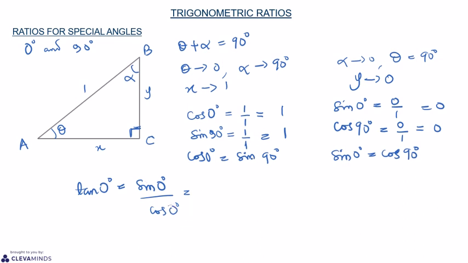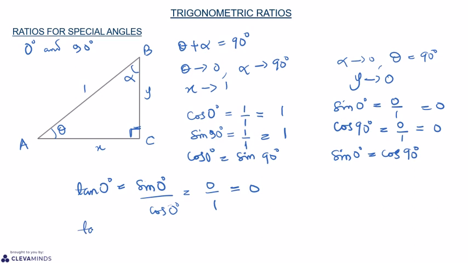Sine 0 is 0, sorry, and cos 0 is 1. So we have 0 over 1. So tan 0 is 0.